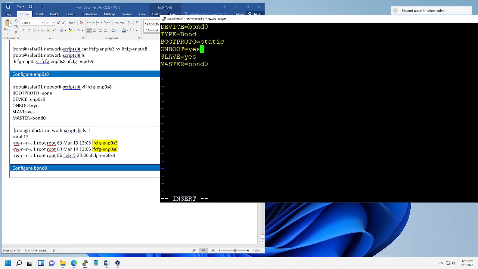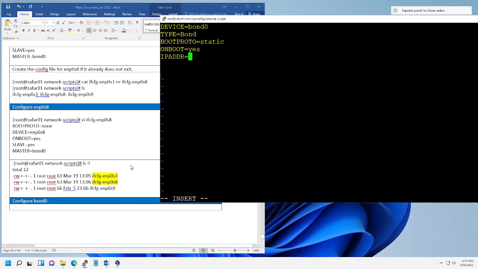Okay, and I don't need these two lines here. And I'm going to do IPADDR. Alright, which IP should I use?